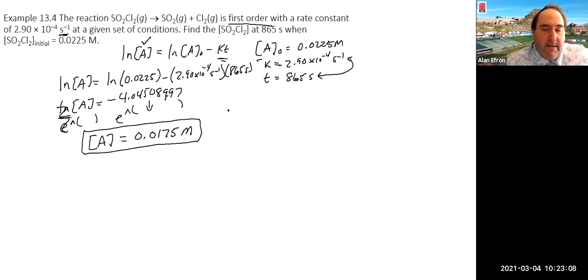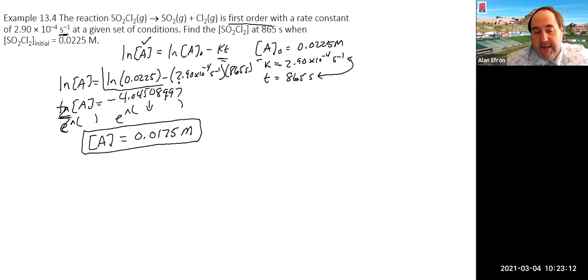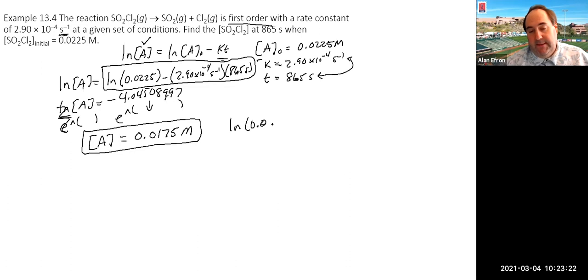If you're doing this on this side, you might want to do it in parts. You might just want to do the natural log of the first number, 0.0225.